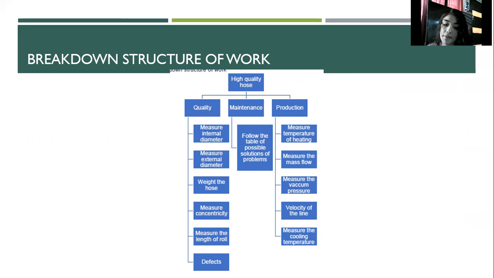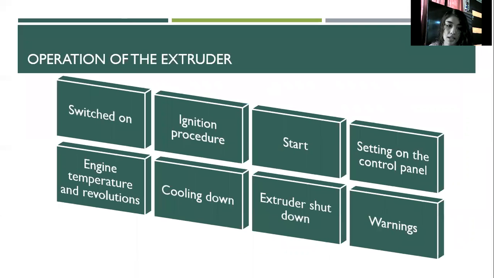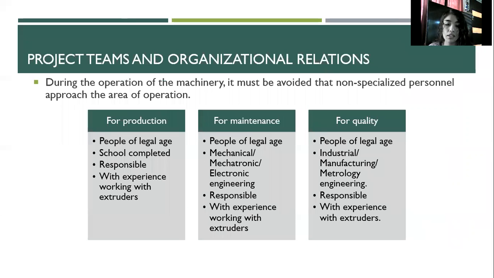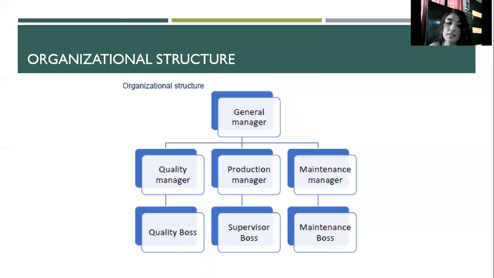Here it says the activities that they must do, and here is like a manual of the extruder for operators, and these are the requirements that the people that work in these departments must have. This is the organizational structure of the company.